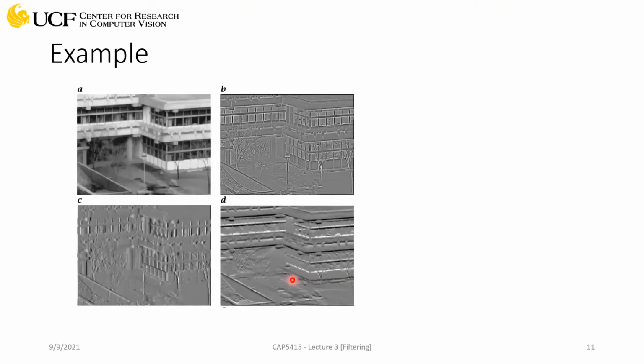Now let me show you a very cool example of using those derivative masks on real world images. So this is a sample image, all right? This is a building and we have some trees here. Now what we can do is use the derivative masks which I showed you earlier for X and Y, and apply them on this image at every location, right? We start from this location, and we keep applying.